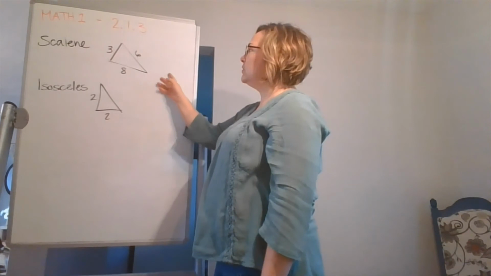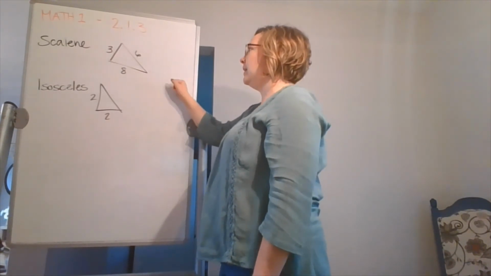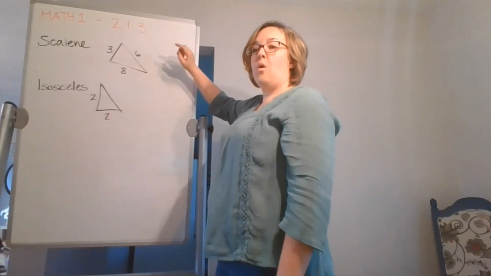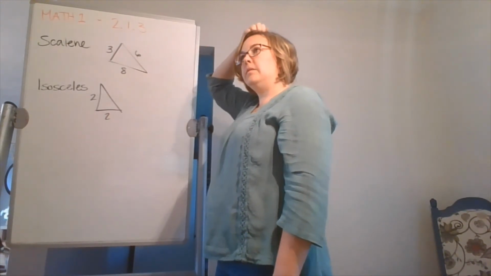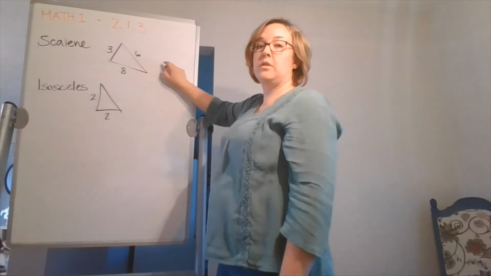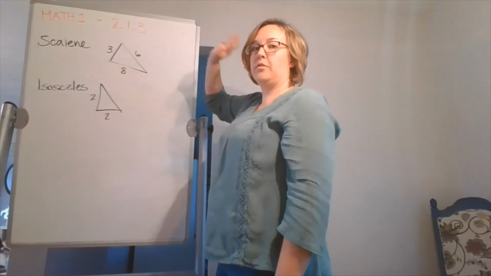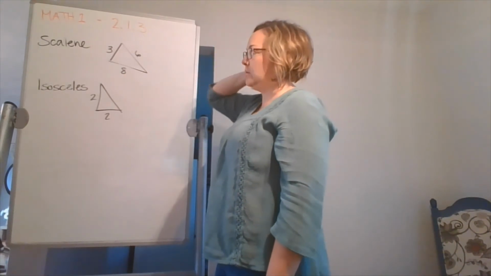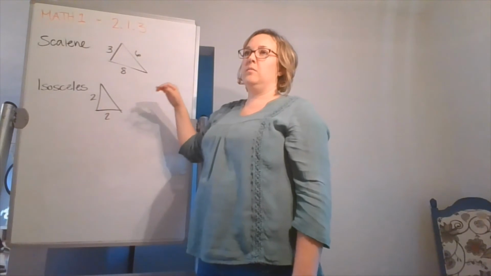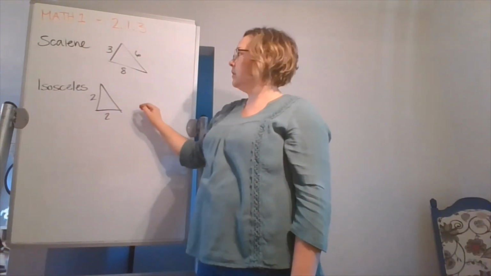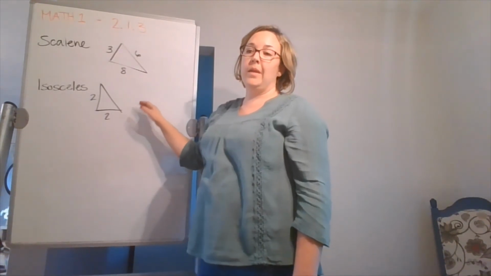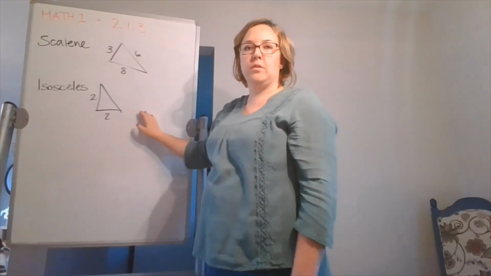A scalene triangle can be acute, obtuse, or right. So all three types of the angle triangles can be scalene. Isosceles can be a right triangle as well. It can be an obtuse triangle, and it can be an acute triangle. So it can come in all three as well.